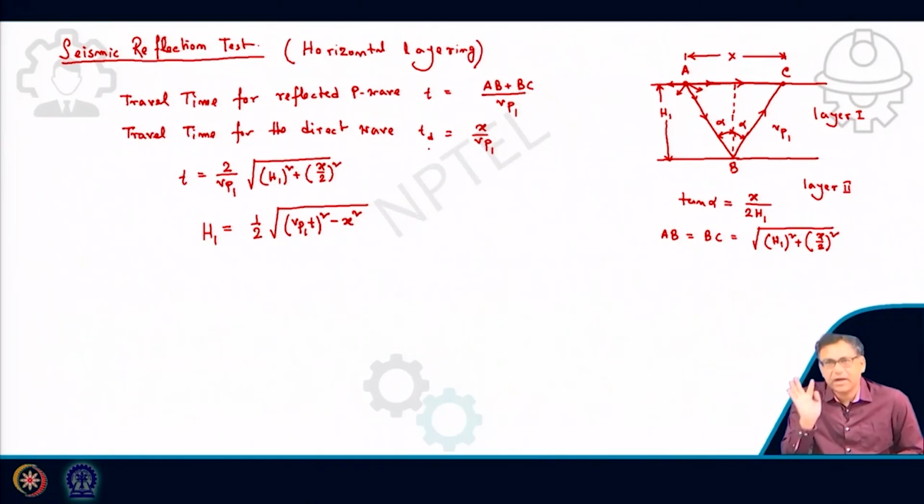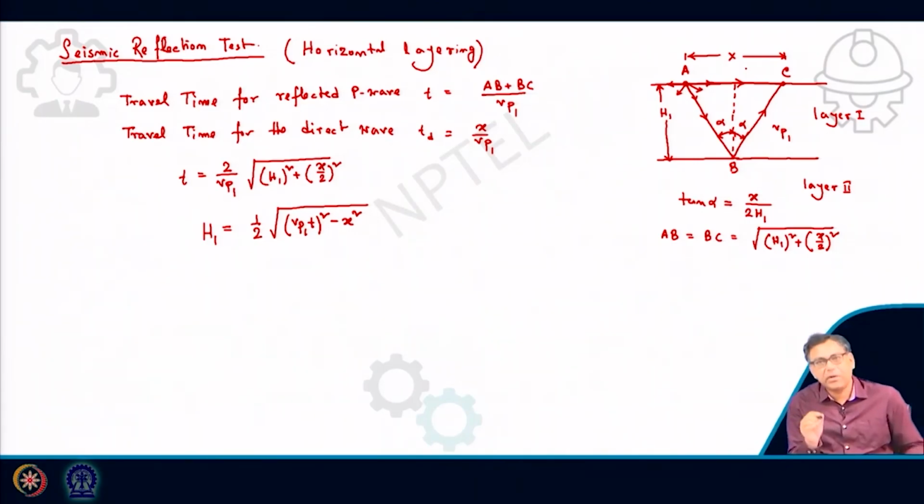And it is obvious from this diagram also that the direct wave will reach before the reflected wave. That is confirmed. So the first wave that will be reached will be the direct wave, then the reflected wave will come into the receiver.